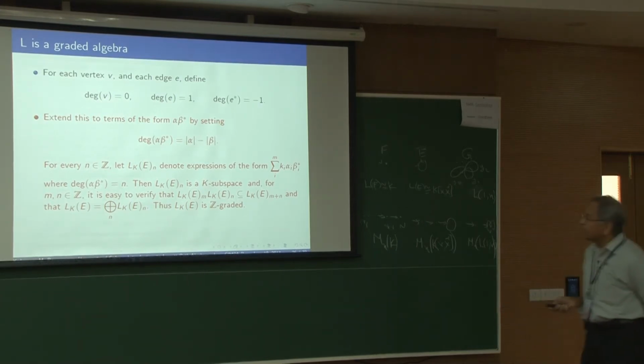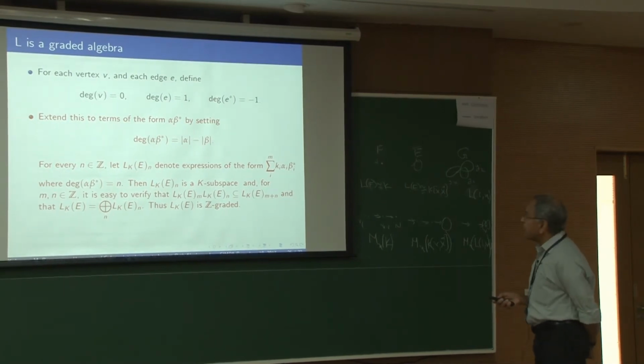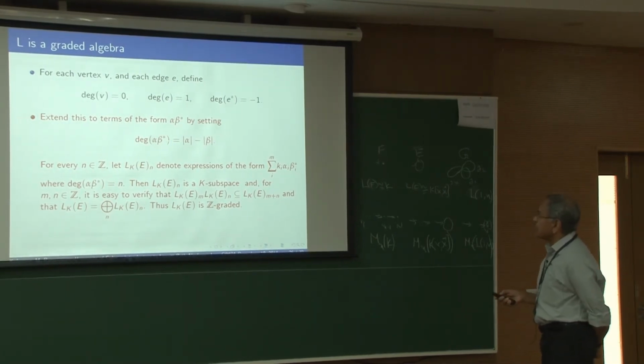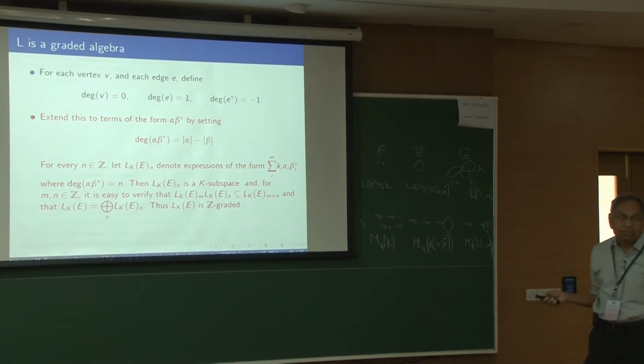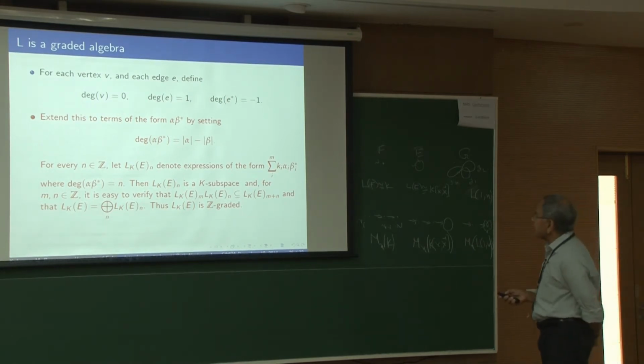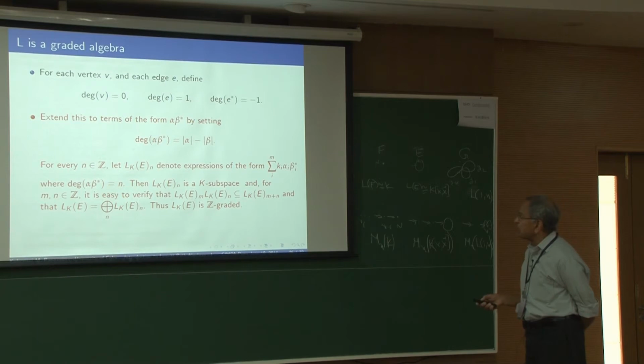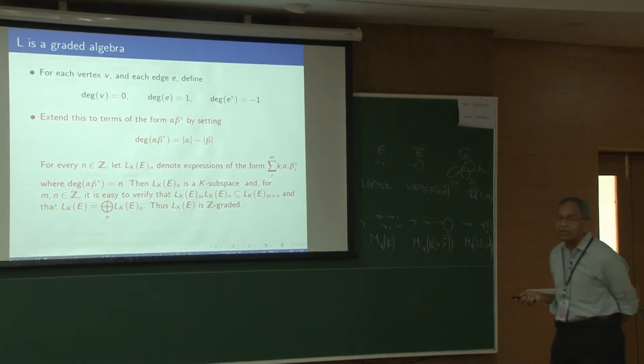Given every integer n, you can define the so-called homogeneous component consisting of elements of the form summation k_i alpha_i beta_i star, where every one of these terms has degree exactly n.